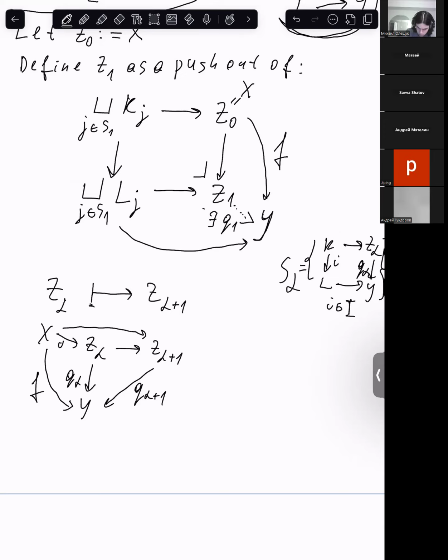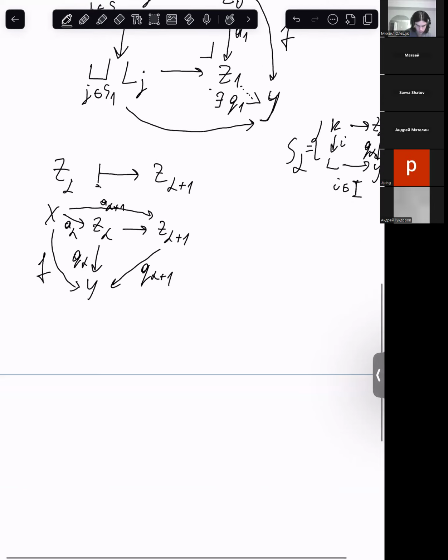We can call this inclusion A alpha. So we have a factorization of this type.